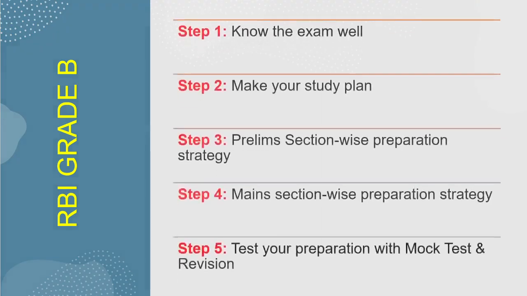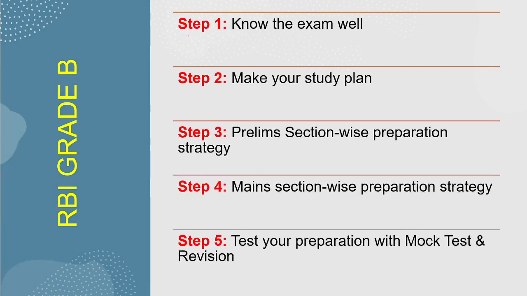Okay. So the first one, step one, is know the exam well. You need to know the exam pattern, basically what kind of questions or what level of questions they generally ask in the RBI Grade B paper, and what the sources are to prepare these areas.